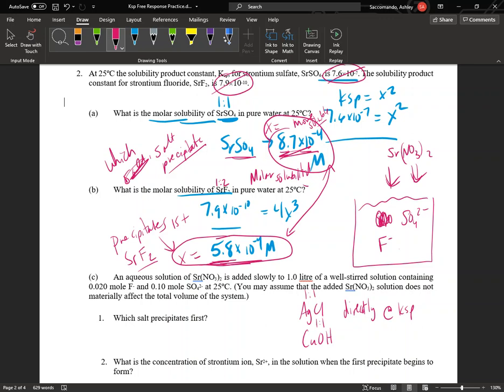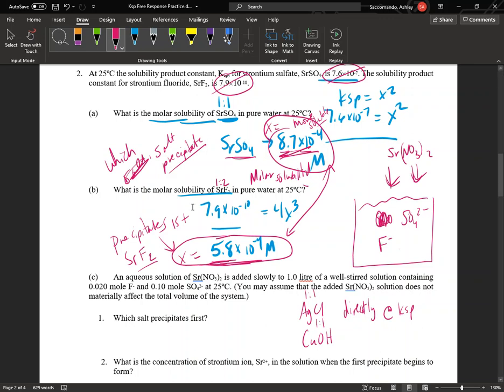Good. Exactly right. All right, so that's the basic scenario. If they aren't the same, then you do the molar solubility calculations, figure out the molar solubilities of each salt, and then the one that has less molar solubility would be the one that precipitates first.